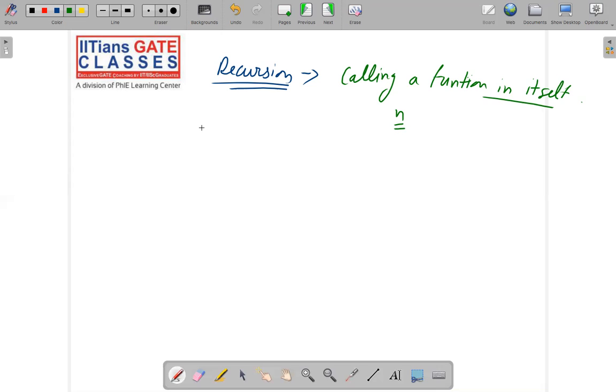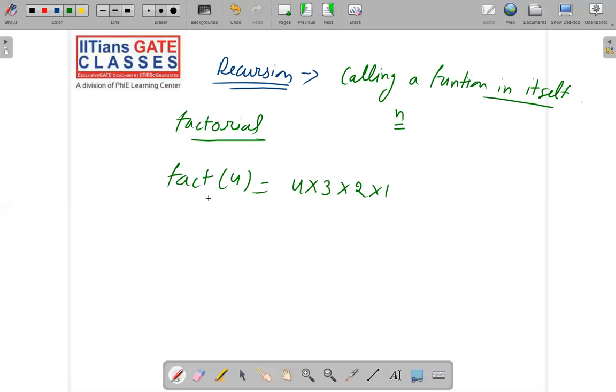For example, if we take factorial of 4, what is factorial of 4? 4 multiplied by 3 multiplied by 2 multiplied by 1, right? So can we denote this factorial in a recursive manner? Yeah, we can.